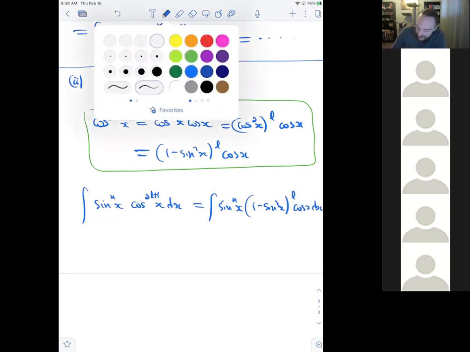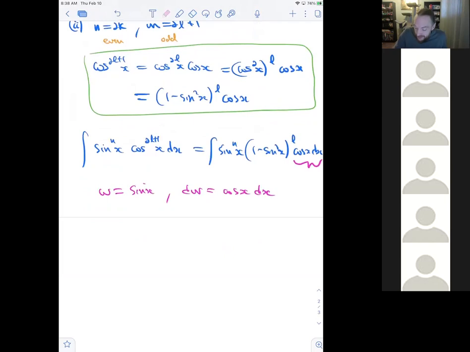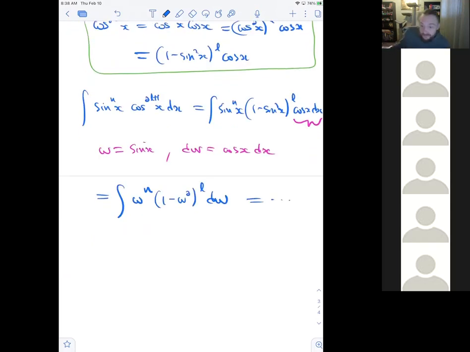This is now going to be my differential that I want. So I'm going to let w equal sine x this time, and dw will equal cos x dx. Then I have my substitution. I can write this as the integral of w to the n times 1 minus w squared to the l dw. And then I just use the power rule to get rid of this as well.